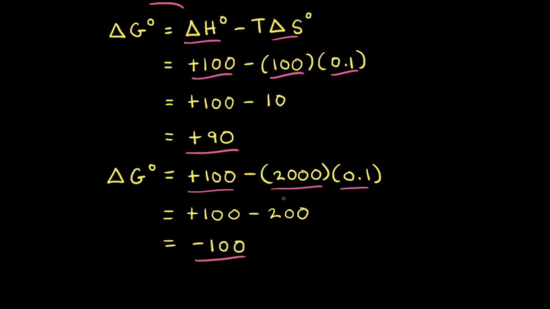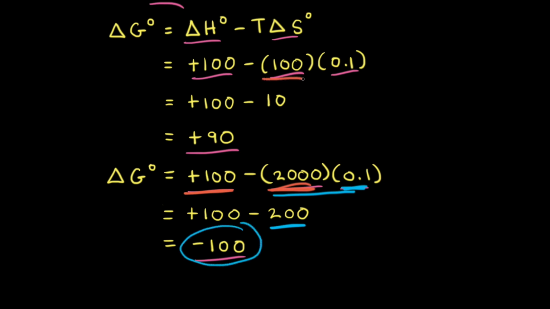Notice how for this example at the higher temperature, the enthalpy term is unfavorable for giving a negative value for delta G naught. However, the entropy term is favorable. A positive value for delta S naught gives a positive value for the entropy term, and since we are subtracting it, the entropy term outweighs the enthalpy term, giving a negative value for delta G naught.